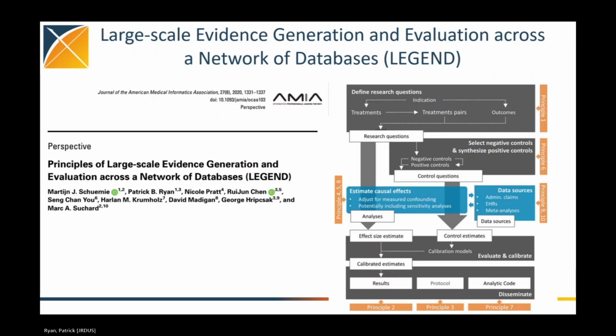So the basic principles that we laid out when we came up with this was that we need to create a systematic approach to define a collection of research questions, systematically apply the exact same methods across all the questions across a network of databases, then systematically generate all of the evidence and share it in a consistent fashion.